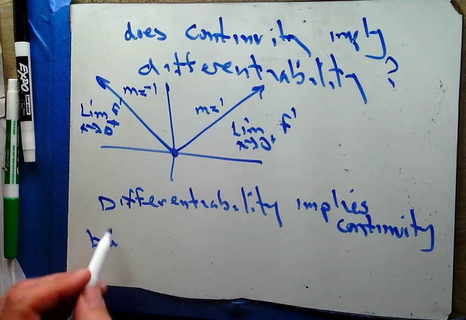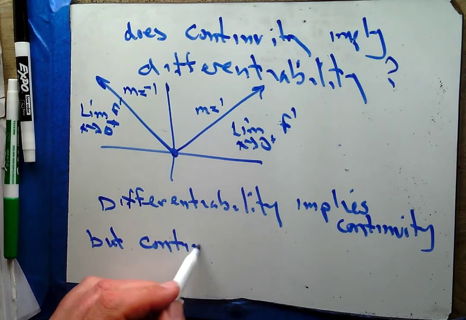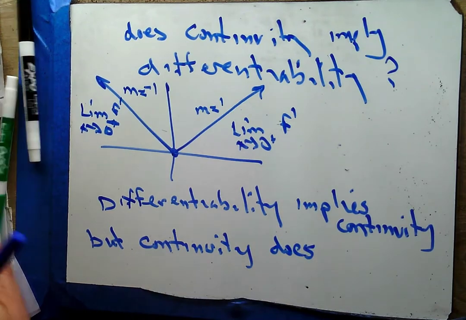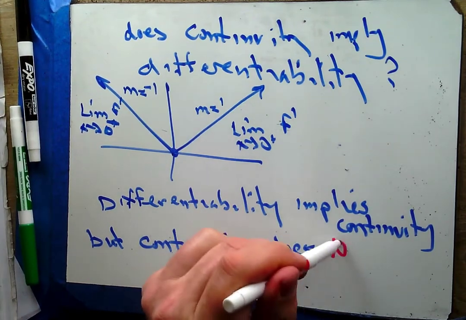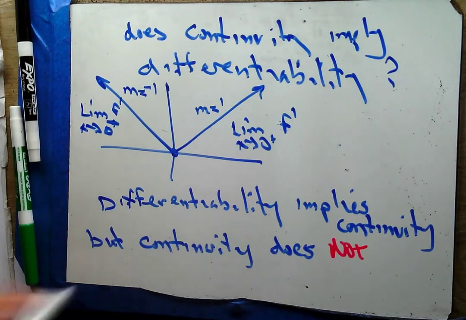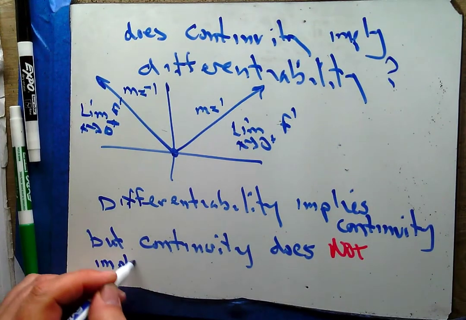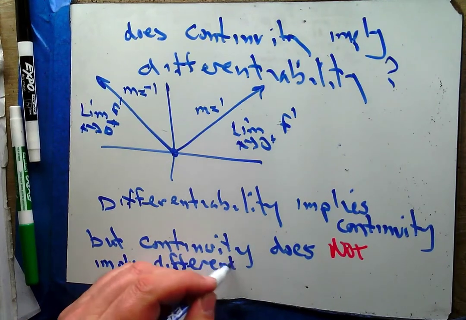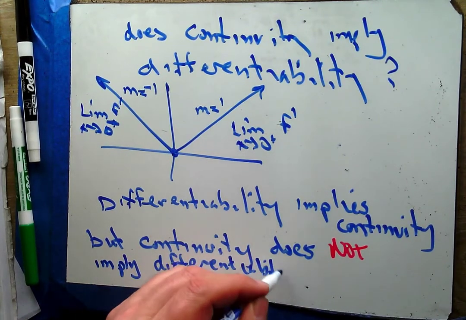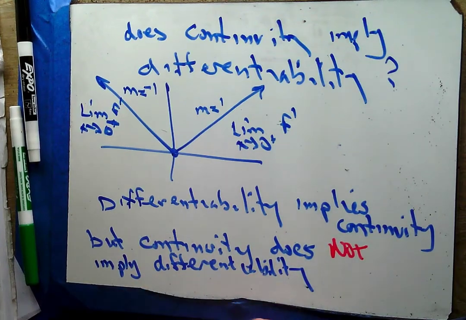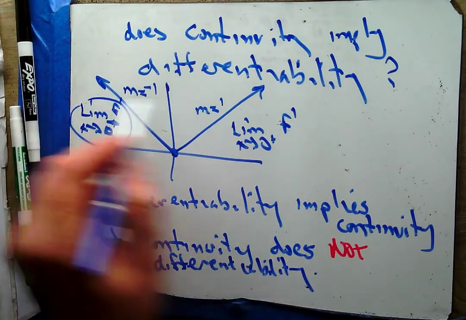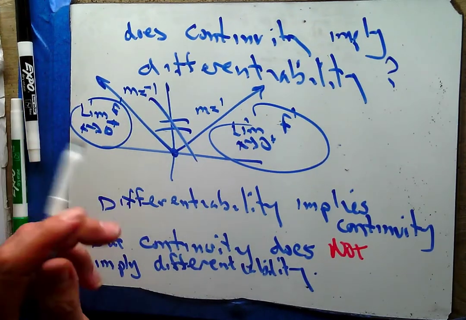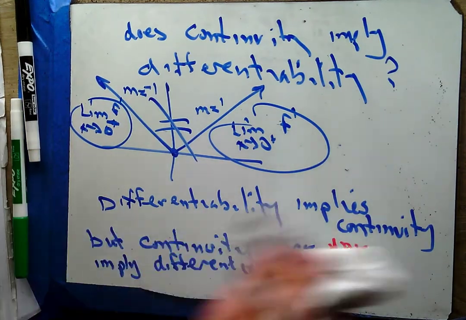But continuity does not imply differentiability. We also need to know that the limit of the slopes is the same. And if they're not, even if we're continuous, we're not differentiable.